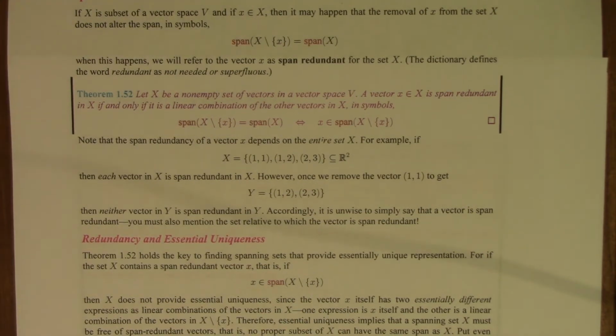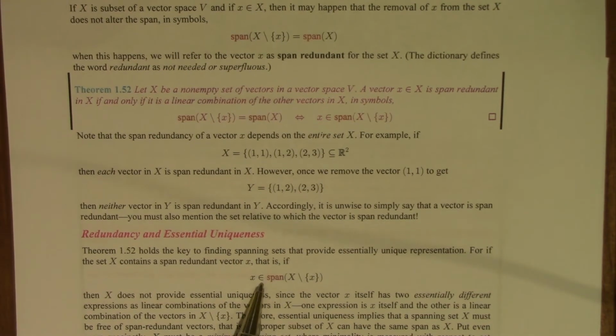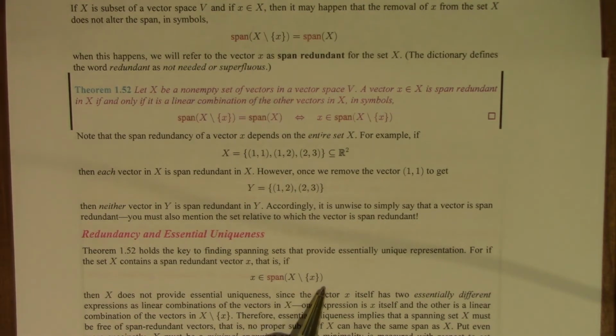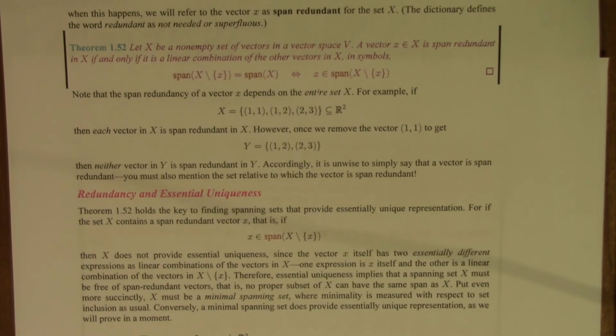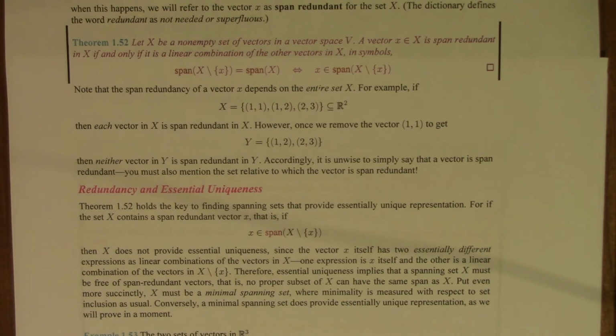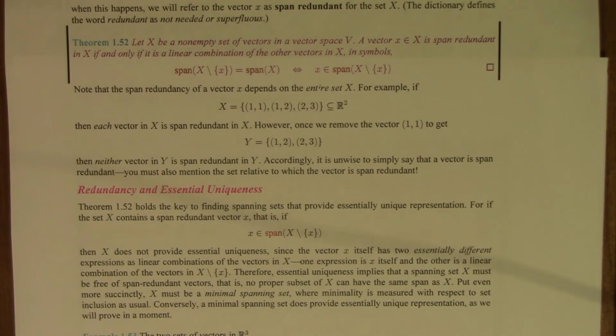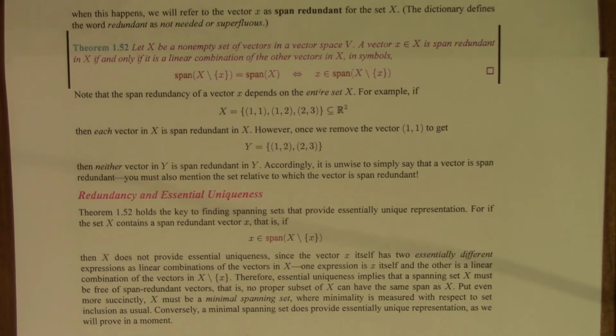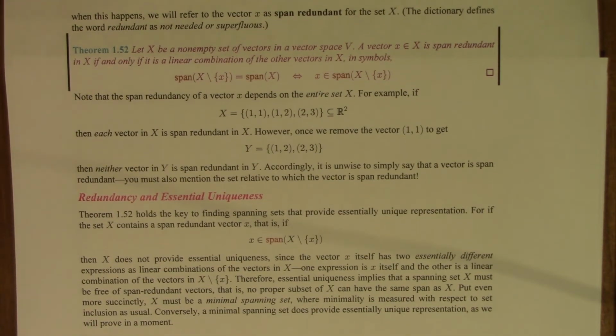X represents itself. It's a very short linear combination with only one term and coefficient 1. But x is also a linear combination of the other vectors in X. So x has at least two representations as linear combinations of vectors in capital X. So we do not have essential uniqueness of representation.